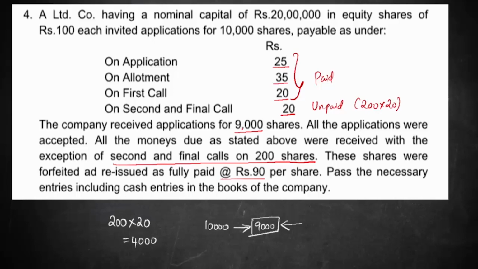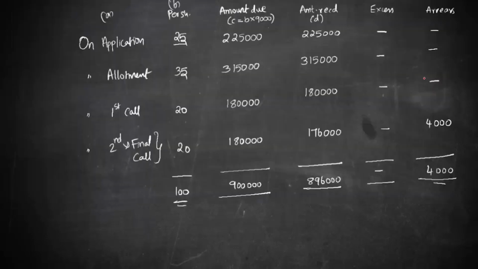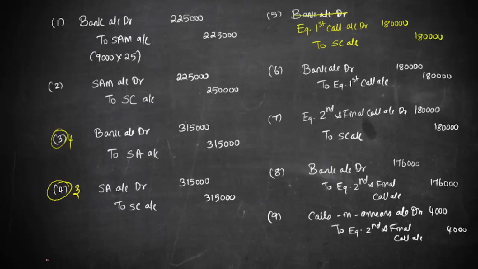So this is the amount which is in arrears, which was 4,000, whereas the amount that was paid is 200 into 18, so 16,000. It was this 16,000 which will go into the forfeited shares account. So we'll write them. We have passed all the entries. Now we'll pass the entry related to forfeiture.